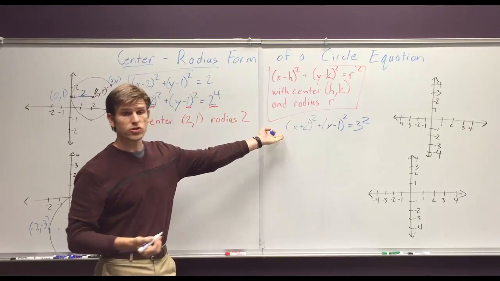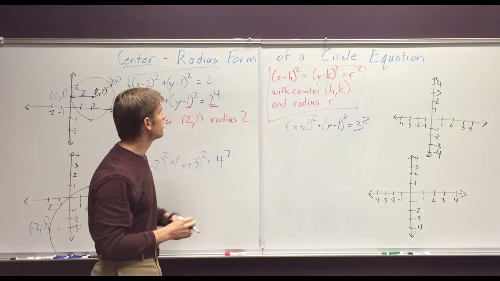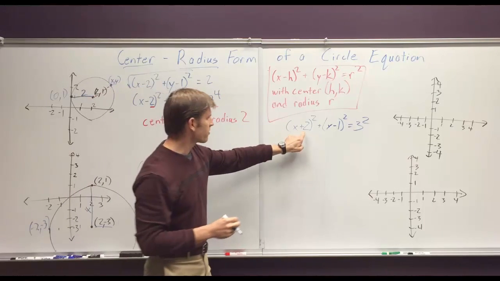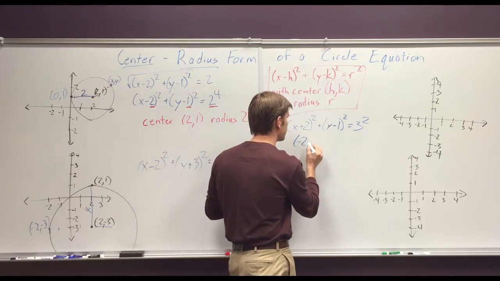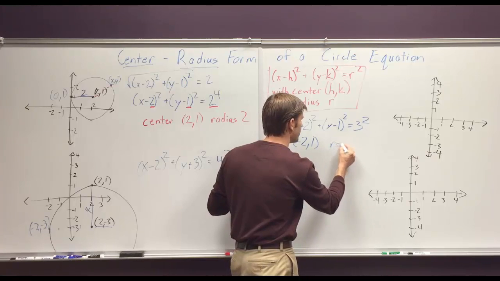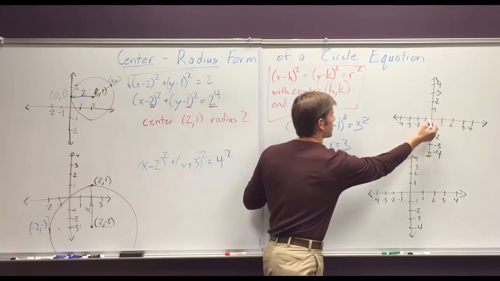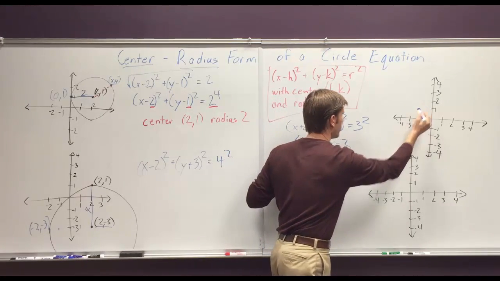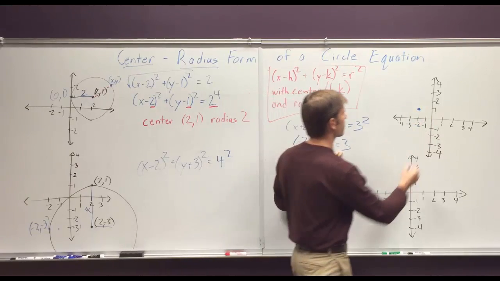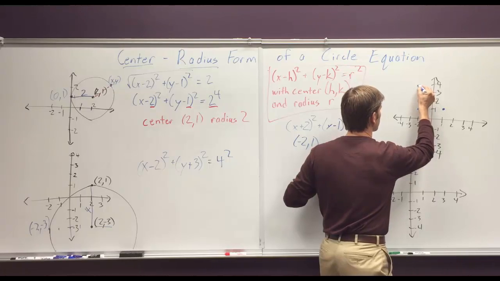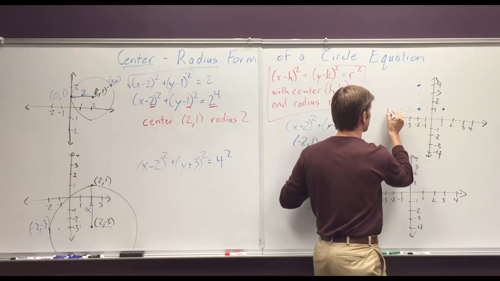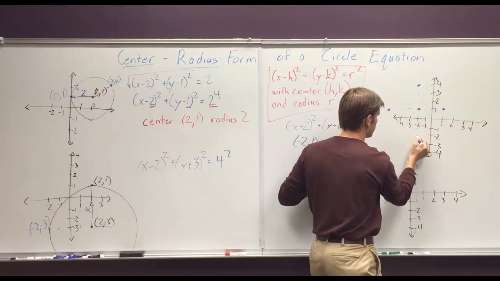Okay, so let's say you had this equation in center radius form. I'd first off take that center. I'd say, the center is at -2, 1. The radius is equal to 3. So count over to the center point, then count in every direction 3. So 1, 2, 3, 1, 2, 3, 1, 2, 3, 1, 2, 3.